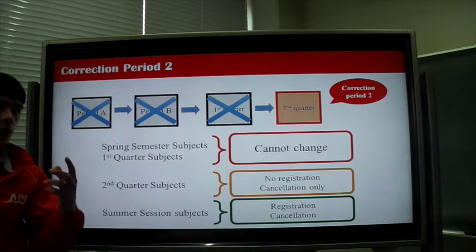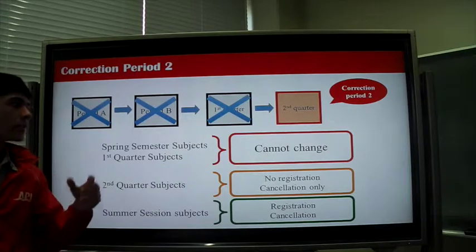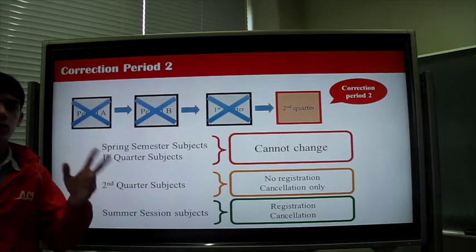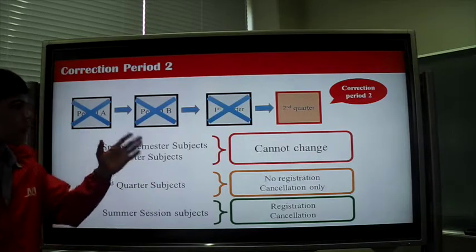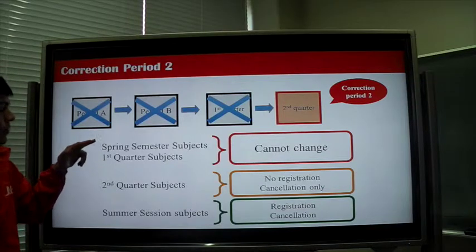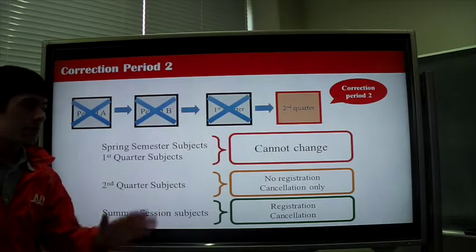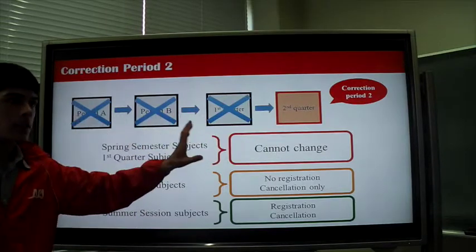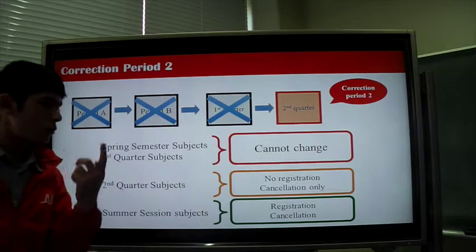It will be after 1 week, after the start of the second quarter. So what you can do in correction period 2 is about seminar subjects and first quarter subjects. As the first quarter is already finished, you cannot change or do anything with the subjects that you took during your first quarter.